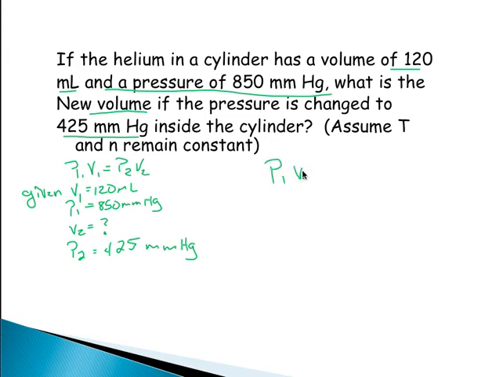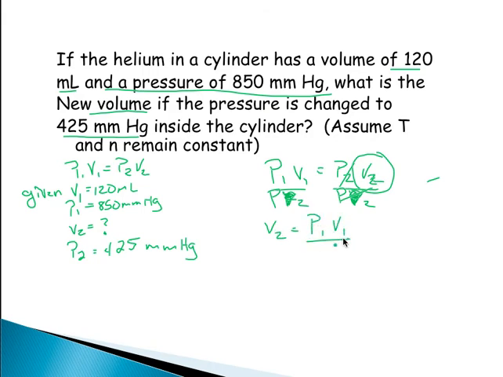Remembering Boyle's law, P1 V1 equals P2 V2. I'm solving for V2, so I divide both sides by P2. Then P2 cancels, so I'm left with V2 by itself, and I get V2 is equal to P1 V1 over P2.